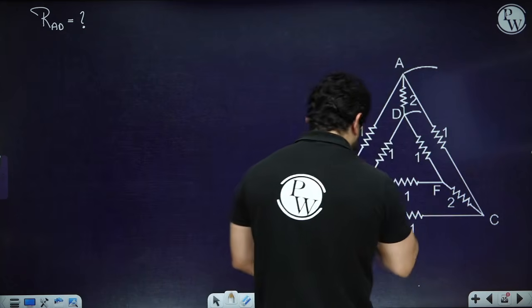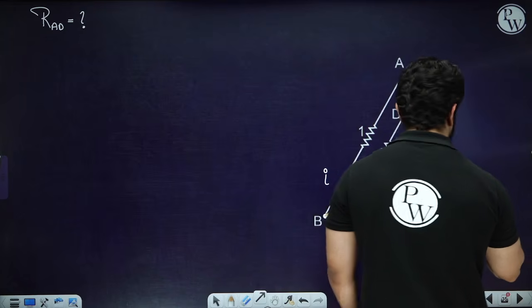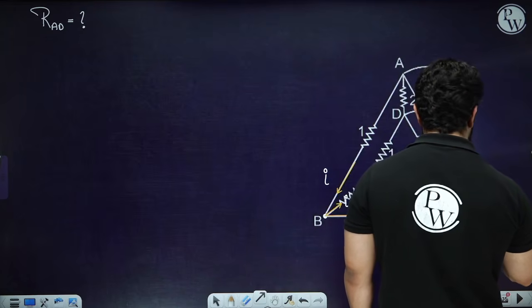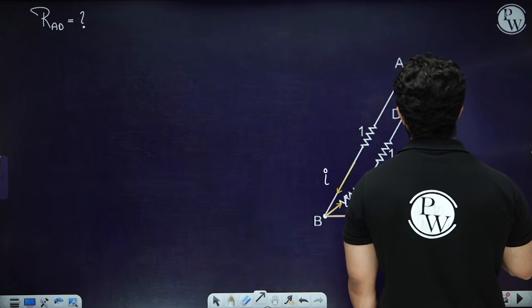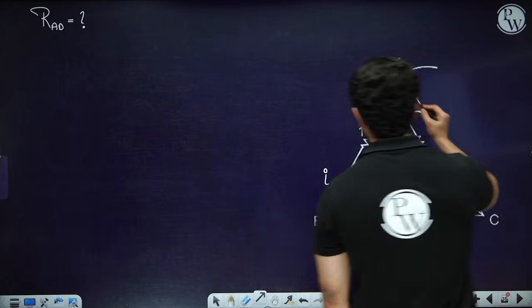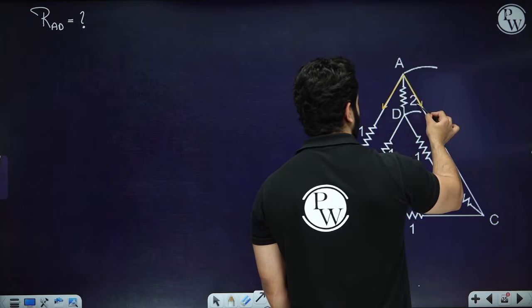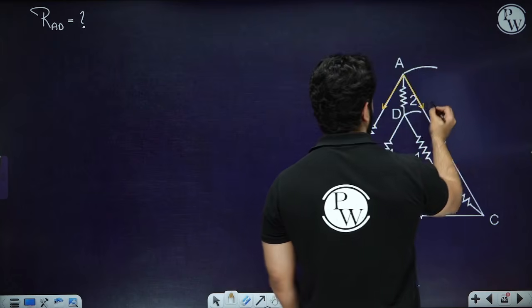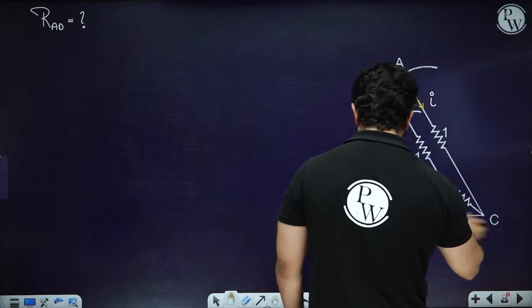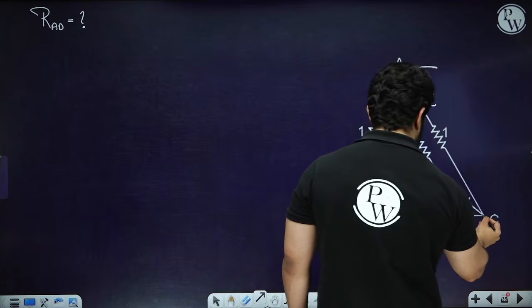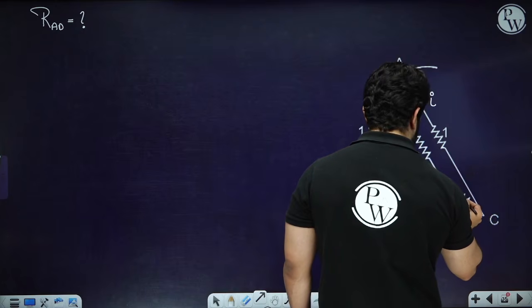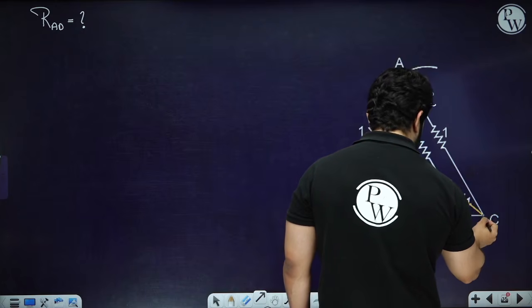I2 current is flowing, again there will be a distribution of current at this point. Hopefully everything is clear till this point. Also, current was moving from here, so current will also get distributed over here as well. So over here also current I will pass. Then again there will be a distribution. So a current will move in this direction and a current should move in this direction.